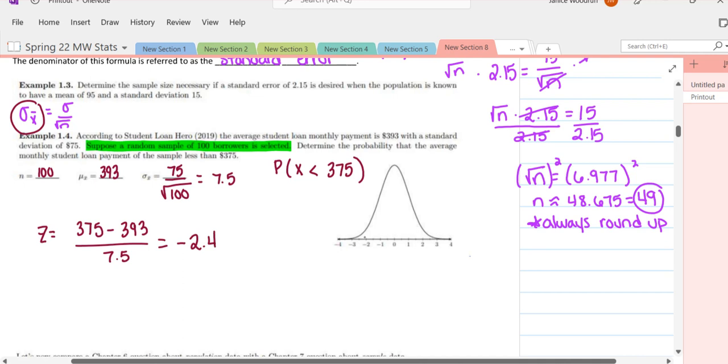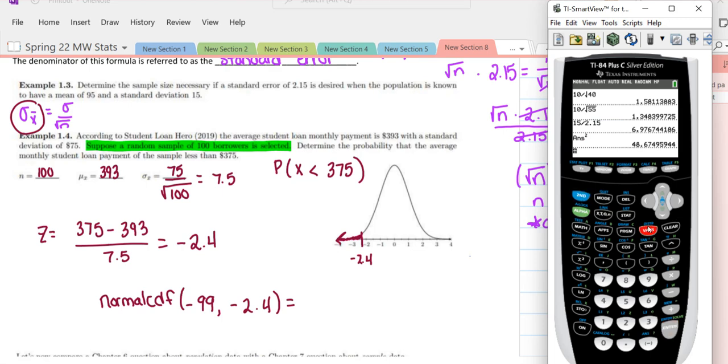Okay, so here's my curve. Negative 2.4 is about right here. We want the probability that z is less than that, so we're going to the left. So then I would either look up that z value on my z-chart or go to my calculator, normal CDF, negative 99 for my lower limit, negative 2.4 for my upper limit.